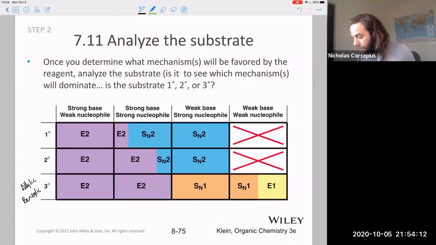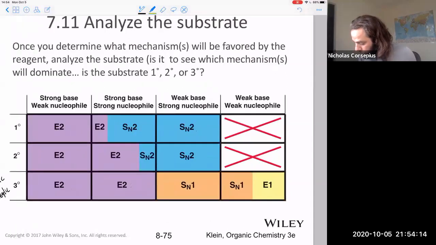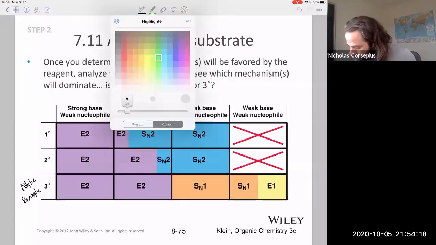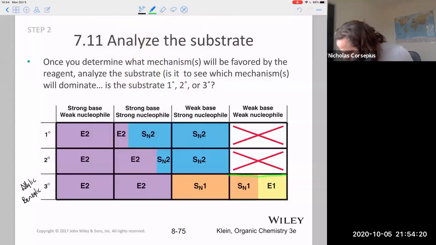When you have a weak base, weak nucleophile, for the tertiary, that is the only time you're going to see SN1 and E1 reactions. Anytime you have that situation, we're going to say it's about 50-50 SN1 and E1 happening at the same time. That's only when you have a tertiary, benzylic or allylic and a weak base, weak nucleophile.